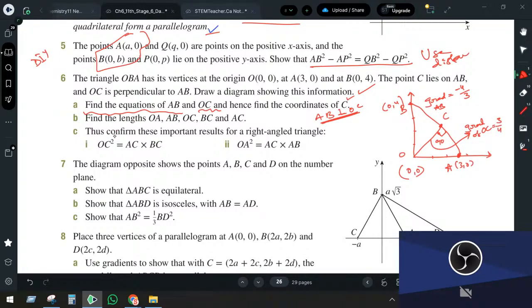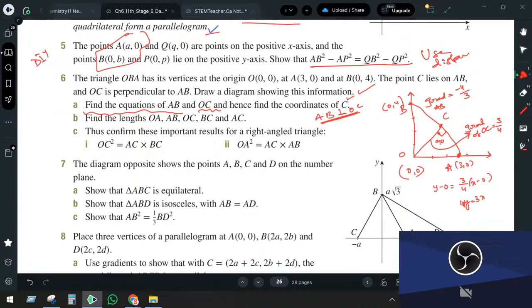And it is passing through 0, 0. That is y minus 0 is equal to 3 by 4 into x minus 0. It is 4y is equal to 3x. 4y is equal to 3x. I got the line equation.